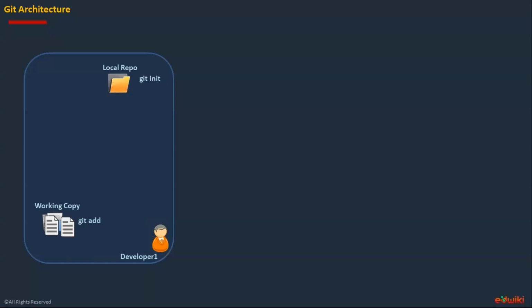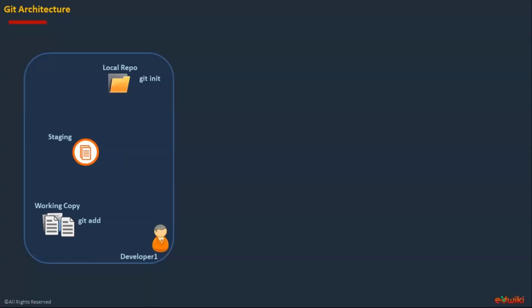Whenever you run a git add command, it is going to take the changes that you have made, and those changes will be stored in the local repository. But the thing is, git add is not going to save them into the local repository directly.